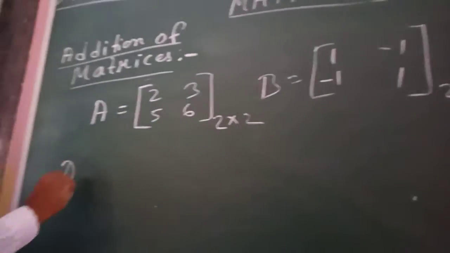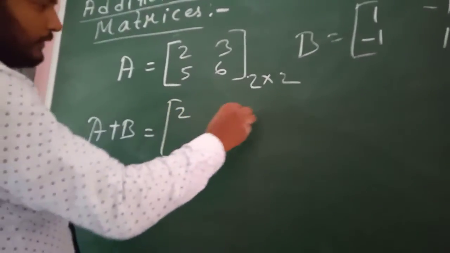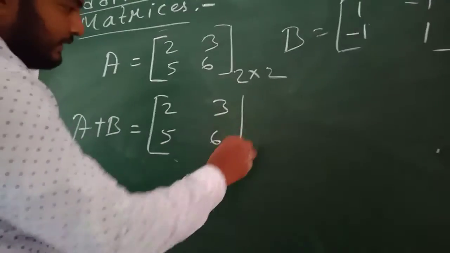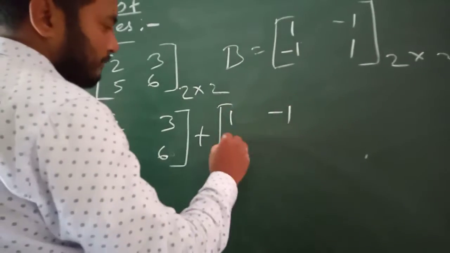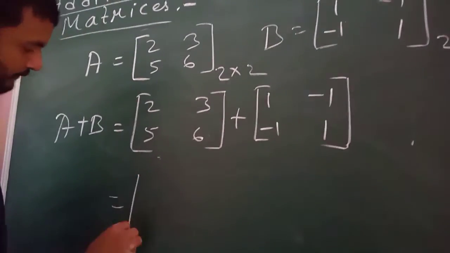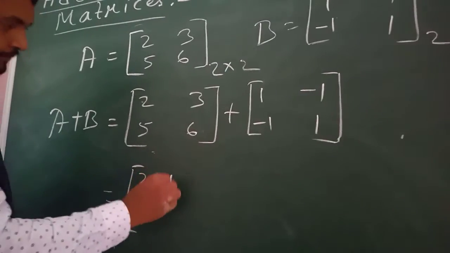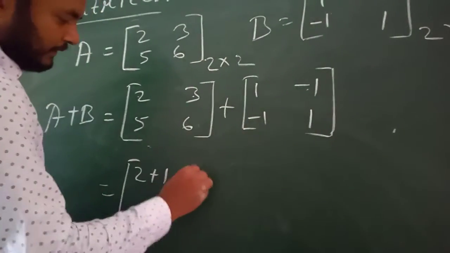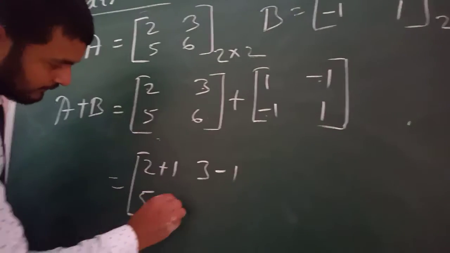Now how to add A and B? A is 2, 3, 5, 6. Here B is 1, minus 1, minus 1, 1. 2 and 1 we will add. 3 and minus 1 we will add. 5 and minus 1 we will add.